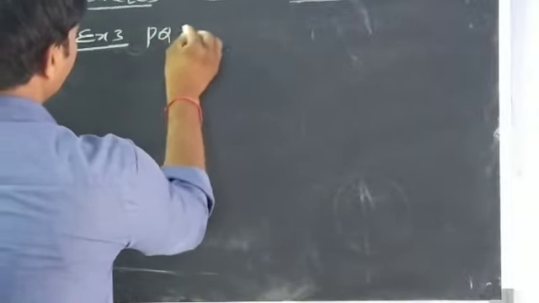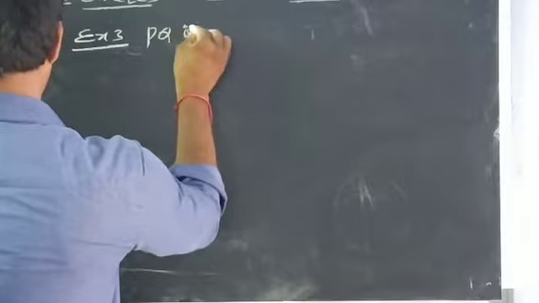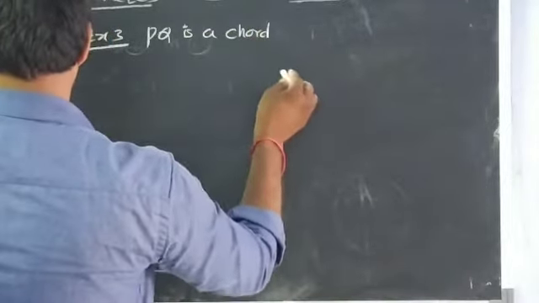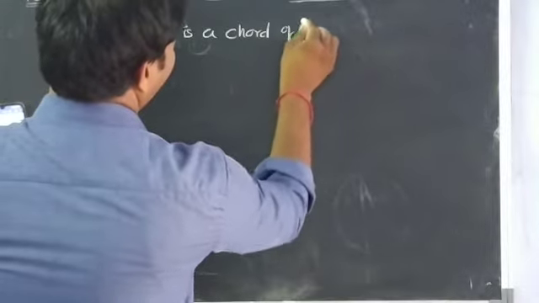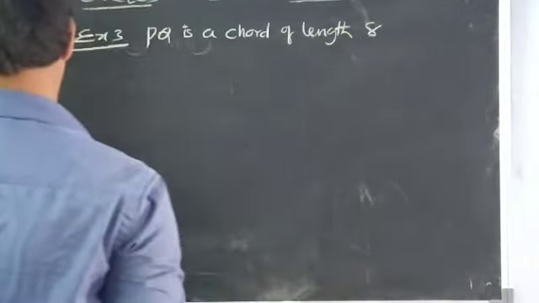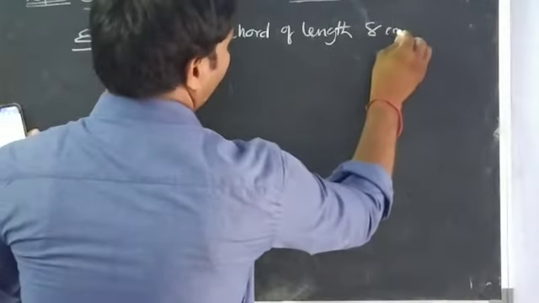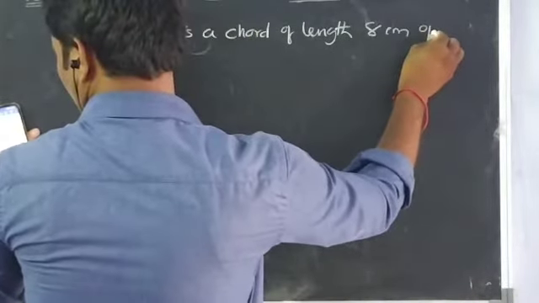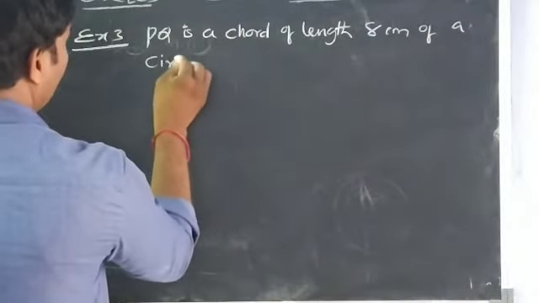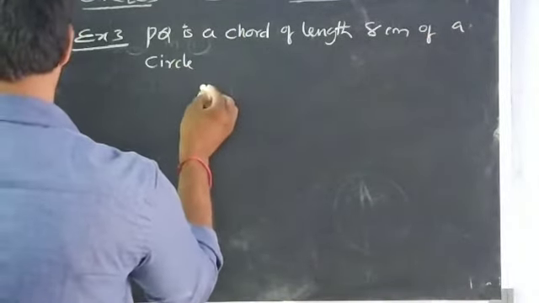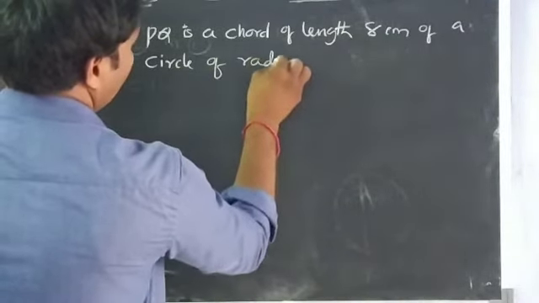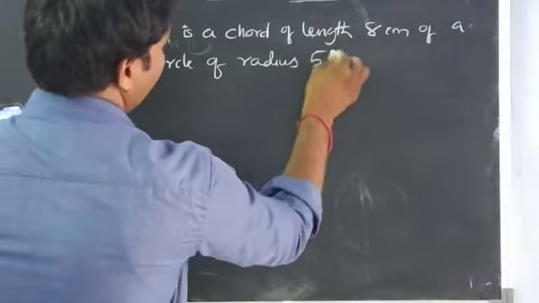PQ is a chord of length 8 centimeters of a circle of radius 5 centimeters.